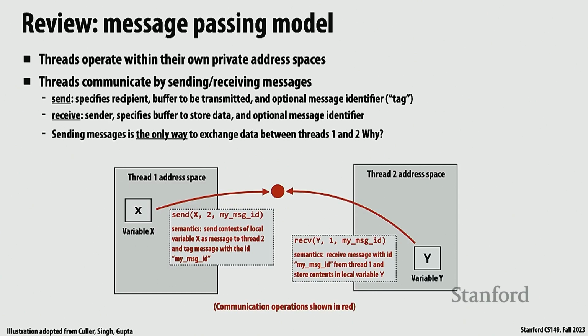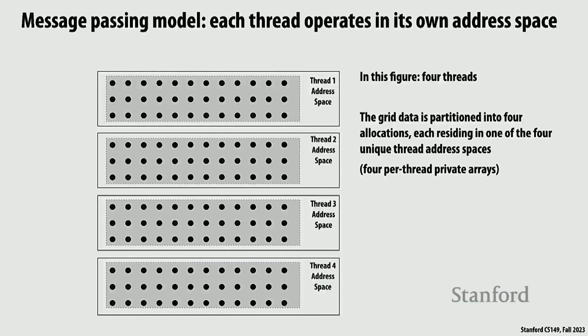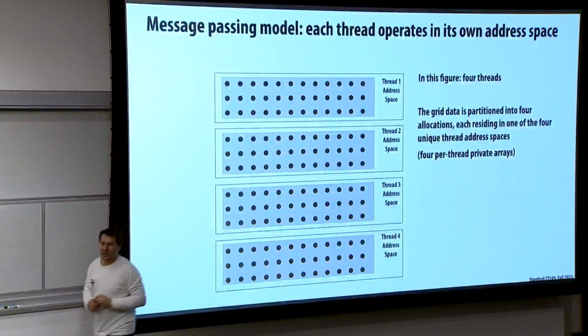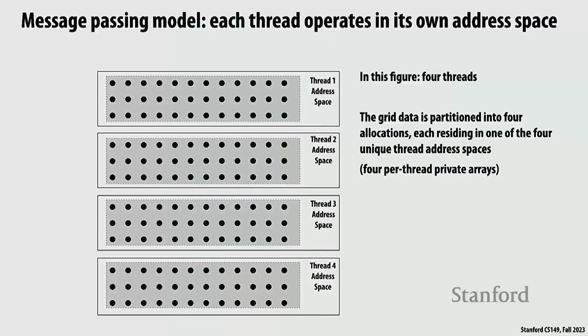Now things are a little bit different. We don't have a shared address space. So every machine in this cluster, and I'll jump to 4 machines to make it easier, has its own copy of part of the array. There are 4 different allocations in 4 different address spaces that hold the data each worker is responsible for. Do you see that difference conceptually?